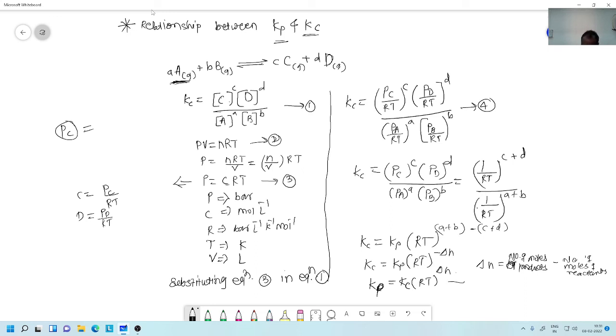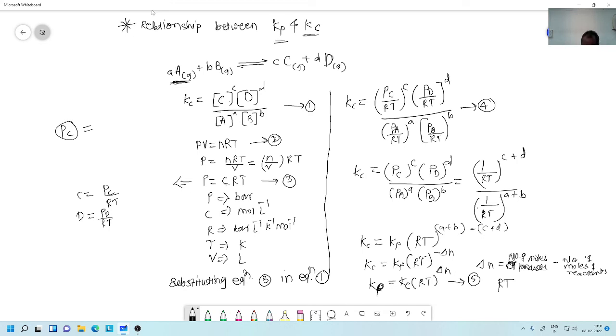Here Kp and Kc are dimensionless. In this equation, let's consider this equation number as 5. The RT value is also dimensionless, that can be made dimensionless.